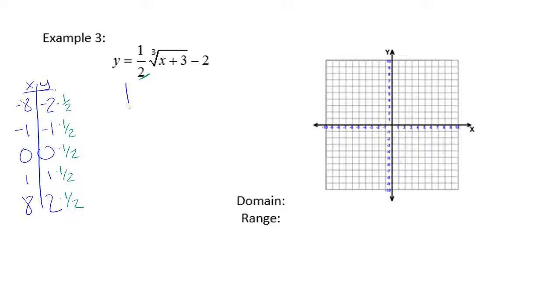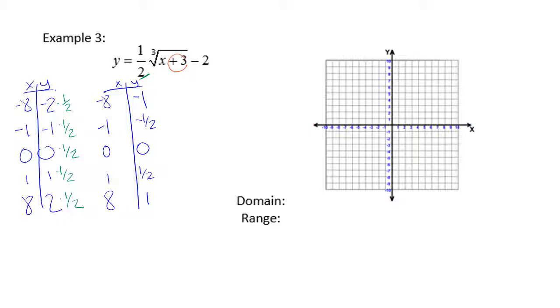This gives me my first new table. I'm going to keep my x values and leave a little bit of space. My y values are now -1, -0.5, 0, 0.5, and 1. Very nice and symmetrical.